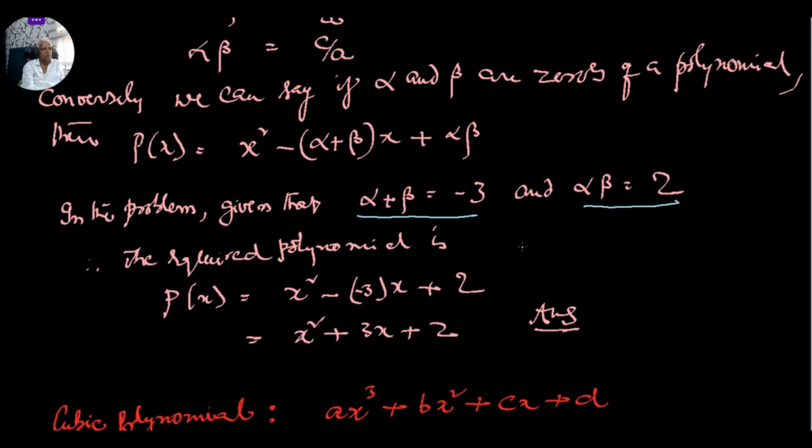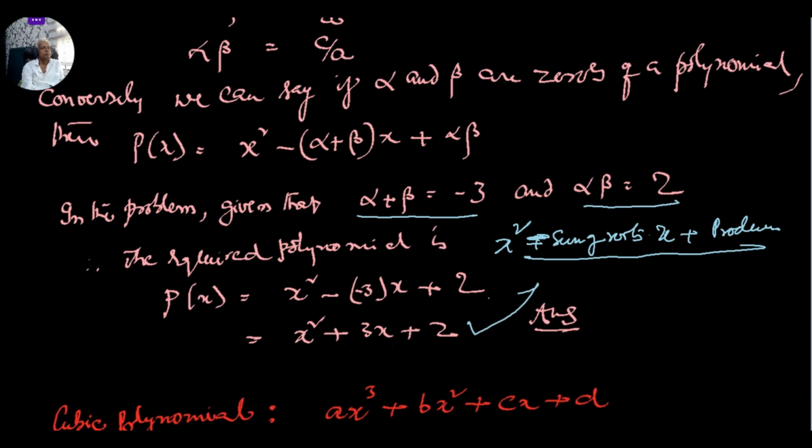So what is the polynomial? x square minus the sum of the roots times x plus the product of the roots. This is the polynomial. So p(x) is x square minus of minus 3 times x plus the product of the roots, 2. x square plus 3x plus 2.